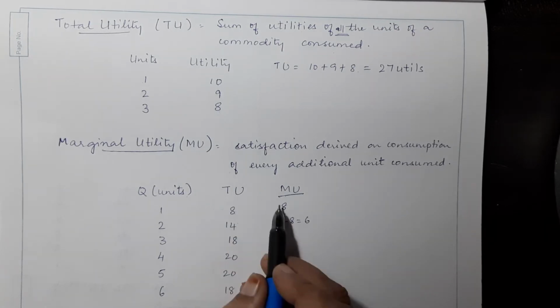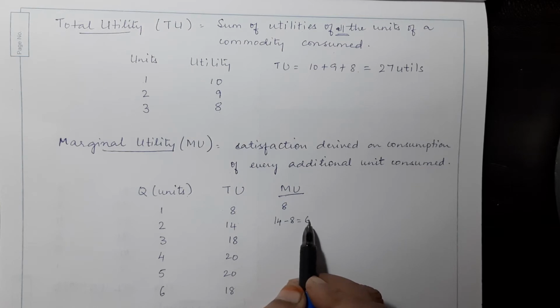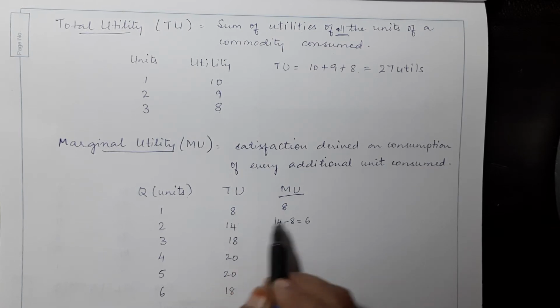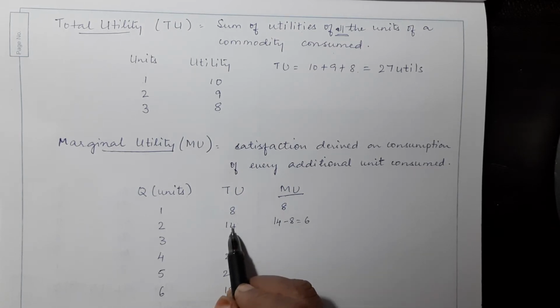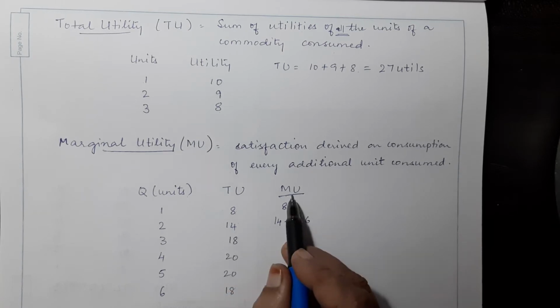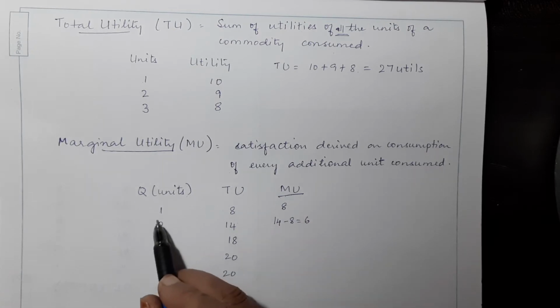Since total utility is a sum of these two, it will be 8 plus 6 equal to 14. Whereas marginal utility is the satisfaction derived on the consumption of the additional unit, the next unit.